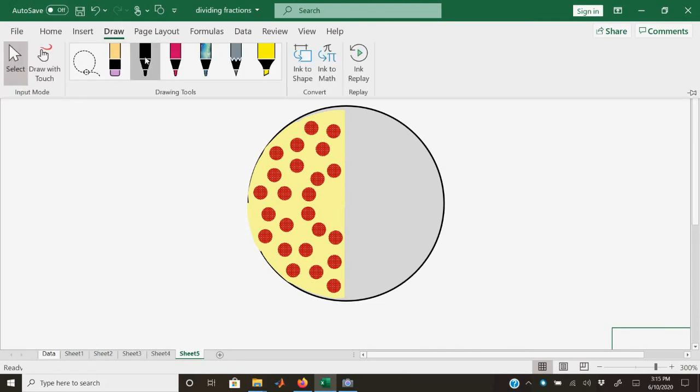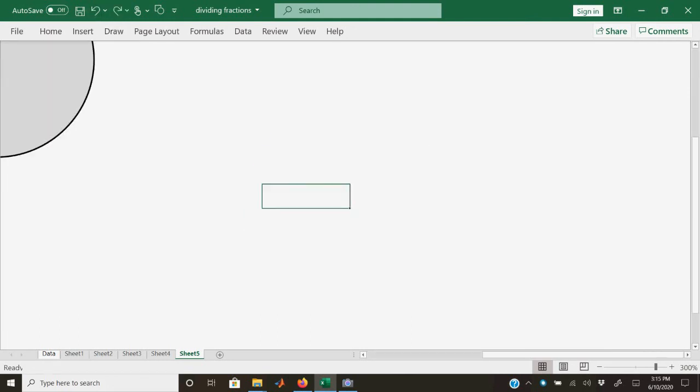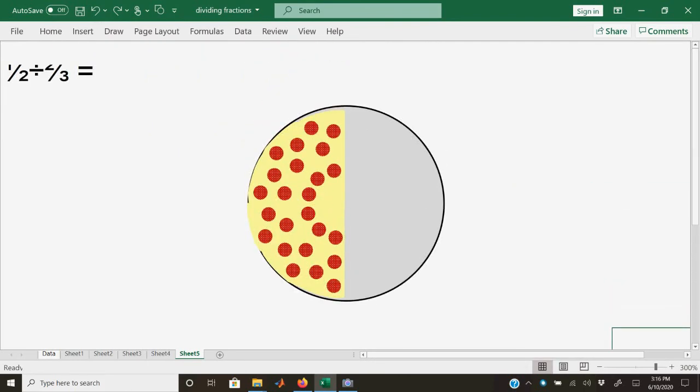And if I look at that question, I have a half a pizza. I want to see how many 2/3 I have. That wasn't a very good 2/3. So 2/3 is going to be right about here. That would be 2/3. A half is less than 2/3.